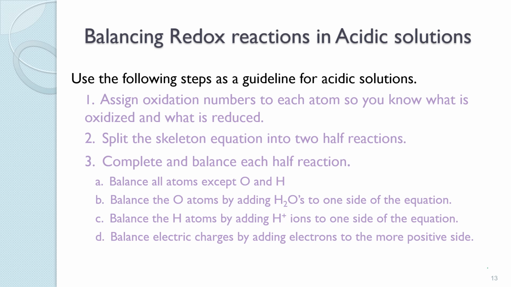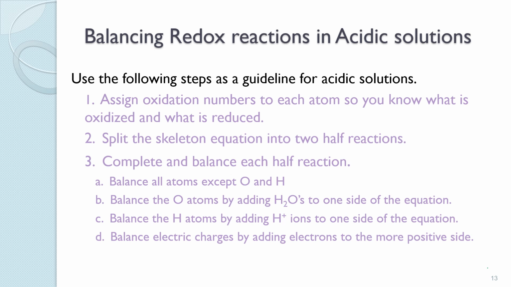Because if you're doing this in an aqueous solution, you've got waters around, so water can be part of the reaction. Then you're probably going to end up with your hydrogens not being balanced. You may not have hydrogen, but you may. Anyway, then what you should do is add hydrogen ions to the side that needs more hydrogen ions.